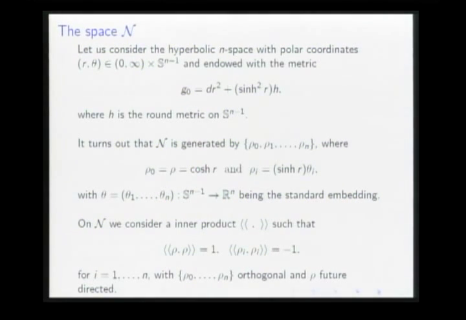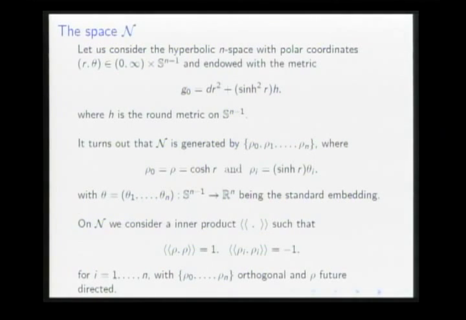On this space N, we put a pseudo-Riemannian metric now. The first function, the inner product with itself, is 1, and for the other ones, the inner product with itself is minus 1. And we ask that rho be future directed.